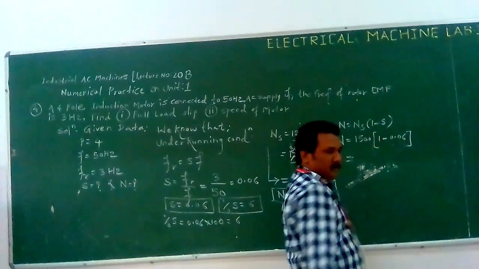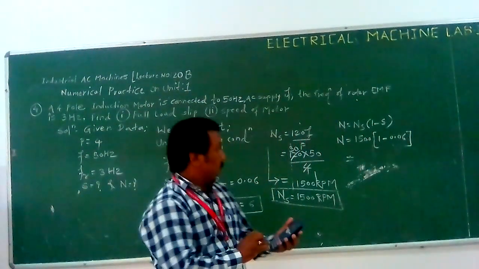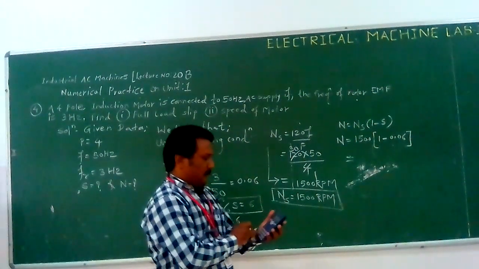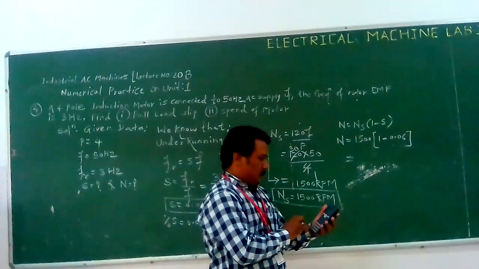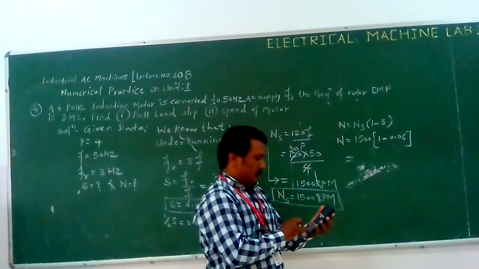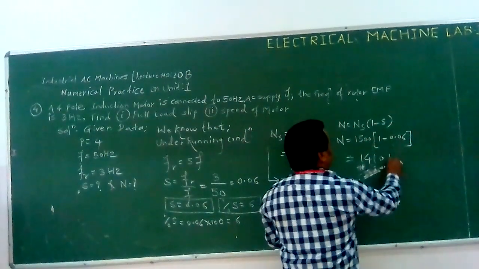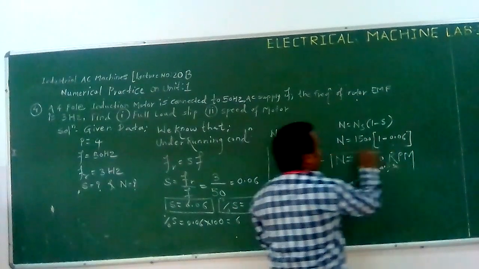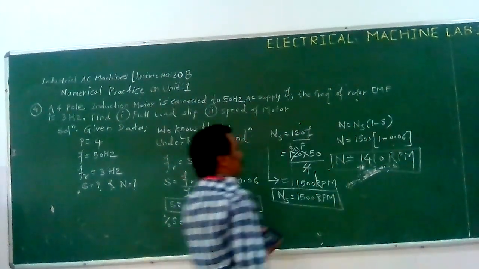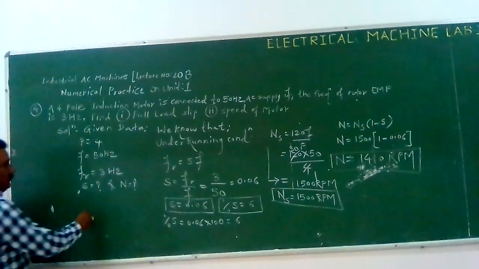So by using a scientific calculator, 1500 into (1 minus 0.06) will be 1410 rpm. Actual speed is 1410 rpm.